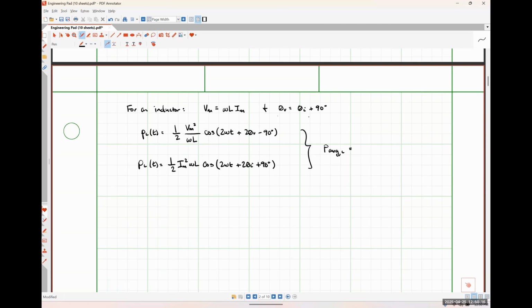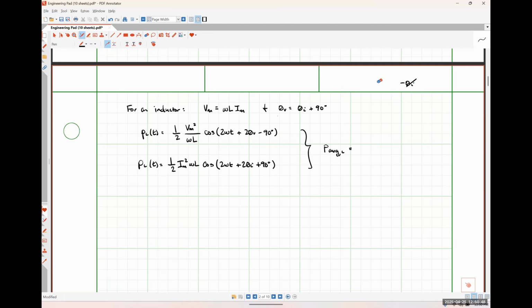So theta v minus theta I is literally going to be theta I plus 90 degrees minus theta I. Those guys cancel each other out. And I'm taking the cosine of 90 degrees in that DC part. Well, the cosine of 90 degrees is literally zero.